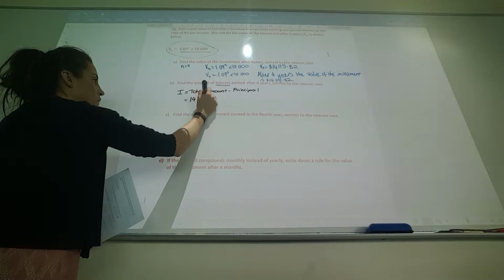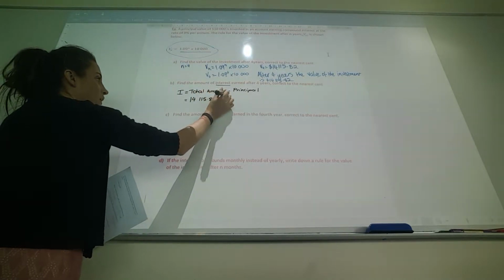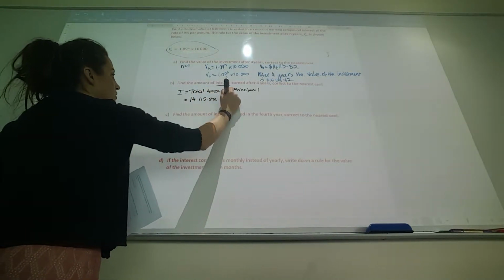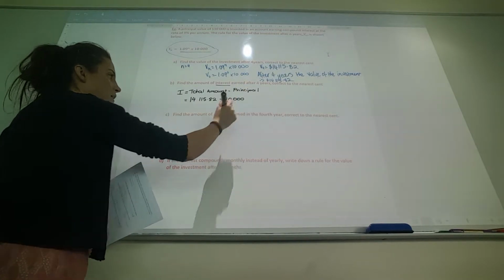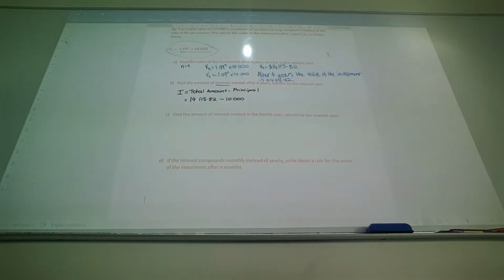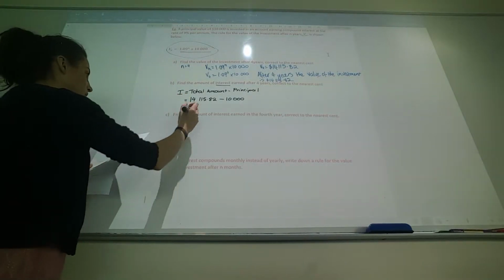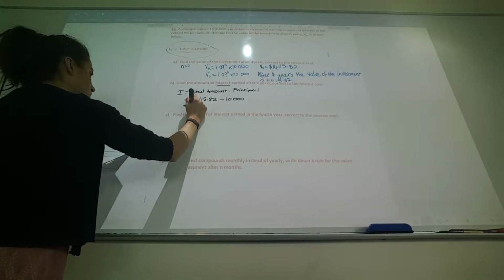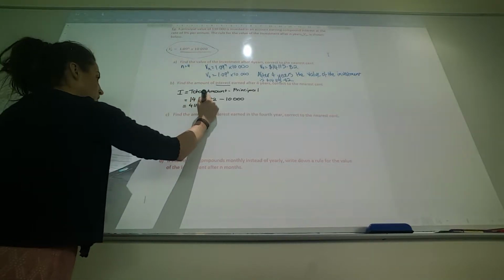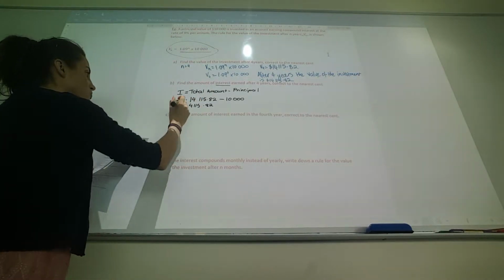So $14,115.82, take away $10,000 because that was our principal amount. So the amount of interest we have earned is $4,115.82.